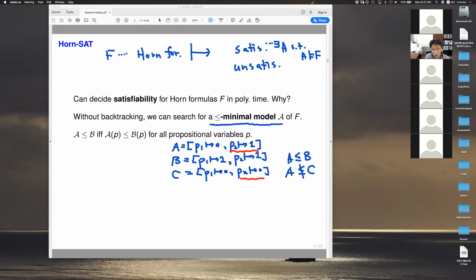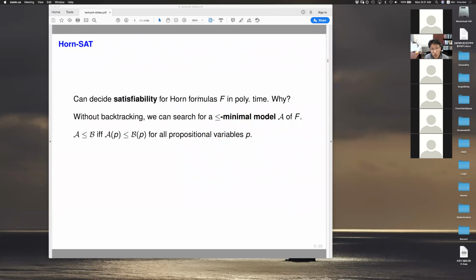Okay, so we define an order pointwise. And what this order says is that, in some sense, B is more truthful than A. I mean, B tries to use more ones than A.